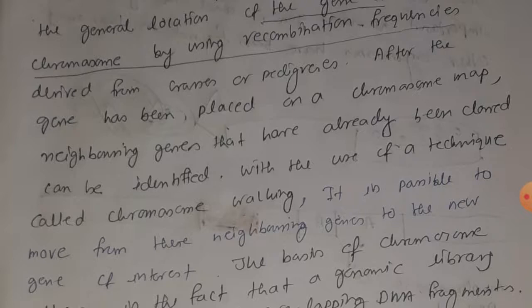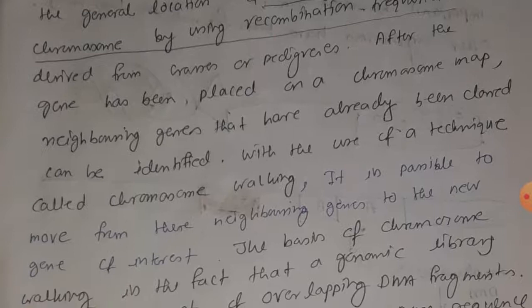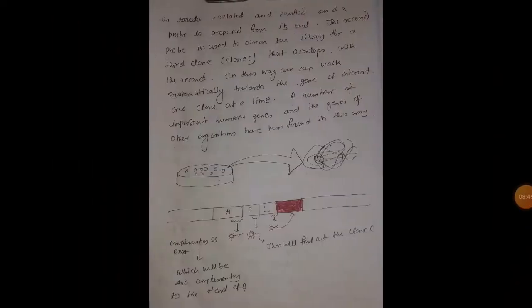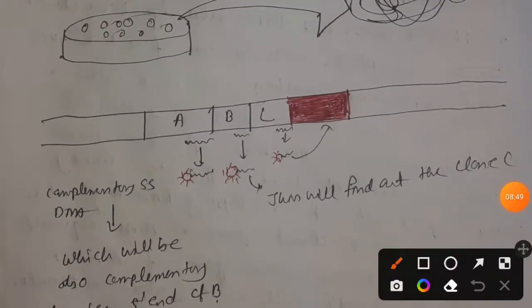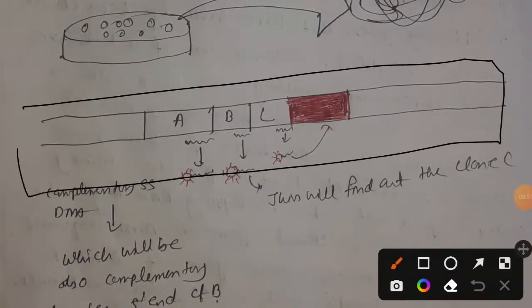So by constructing the chromosome map, we can find the neighboring genes that are present in the entire genome. Let's come to this slide. Suppose this is the entire genome of a human, and this red marked portion is my gene of interest.